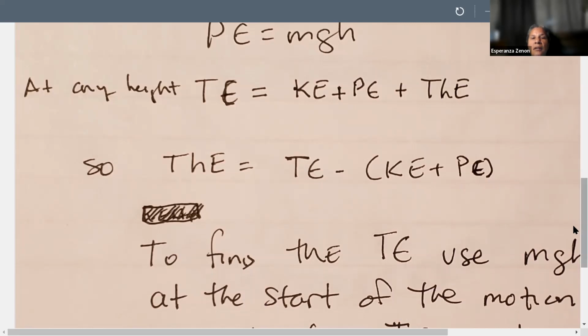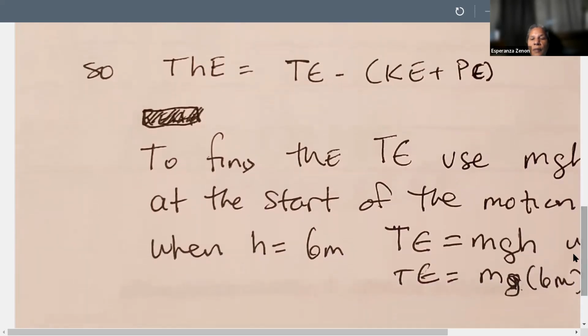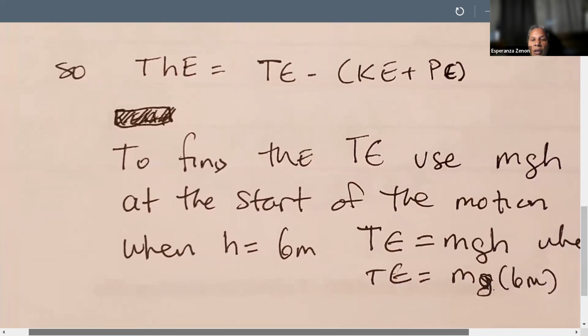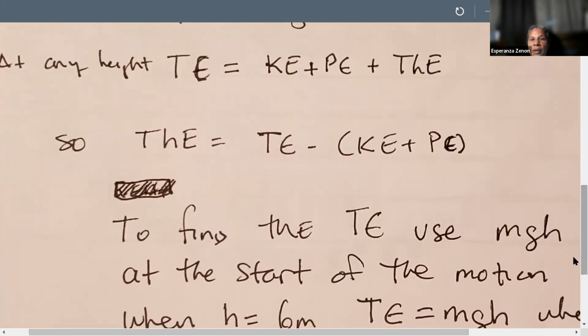The key here is that the total energy is always going to be what you found from the start. So when the height is 6 meters, the total energy is mgh, mass times gravity times 6 meters. And that's the same total energy that you're going to use every time in this formula.